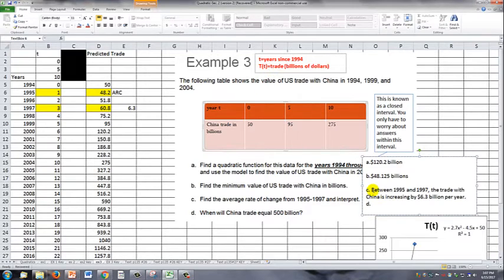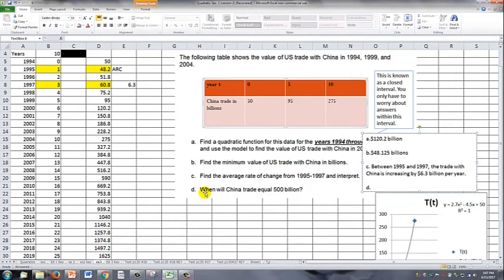So we have the interval where this arc is happening, the name of the function, trade with China, that's the y, that's the name, the dependent. It's increasing by 6.3, per means divided by, 6.3 divided by 1 year, per 1 year, you could say, but that's understood. So that's the interpretation for arc.